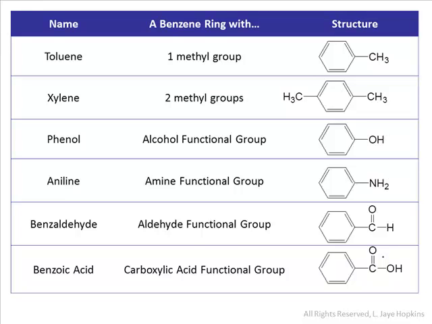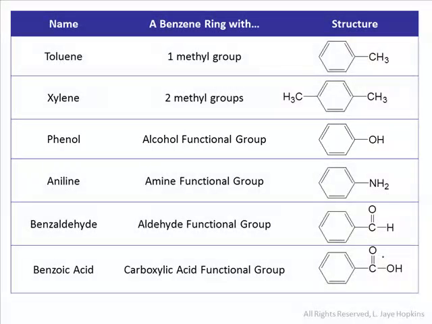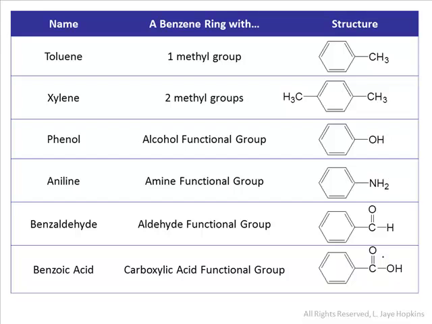But just as a preview, and because you might recognize some of these terms, we'll see later on when we study the alcohol functional group that phenol is simply a benzene ring with an OH group attached. OH is the alcohol functional group. When we study the amine functional group, we'll learn that aniline is a benzene ring with a nitrogen and 2 hydrogens, which is usually the backbone of the amine group.